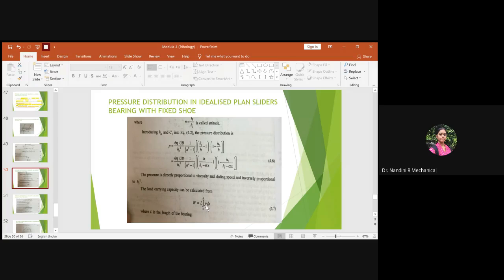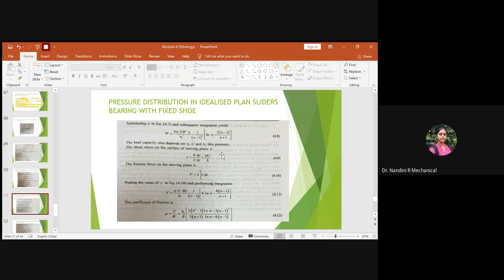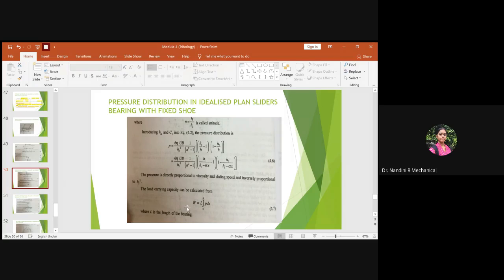So what is P? P we have derived already. What is the pressure distribution term, right? So you have to substitute the P value in equation 4.7. So which is your equation 4.7? This is the load carrying capacity. So the value of P has to be substituted in this equation 4.7.